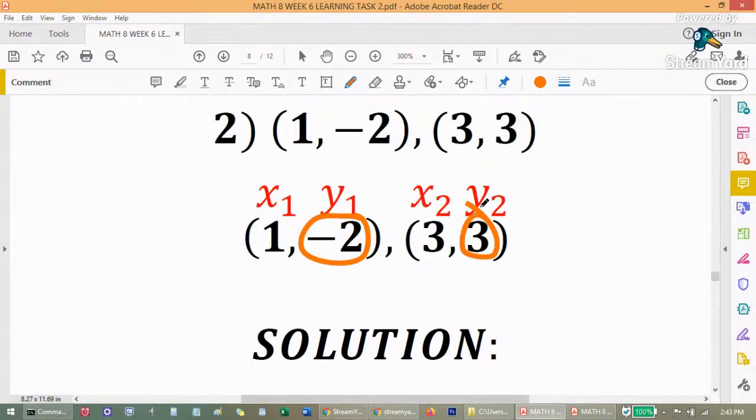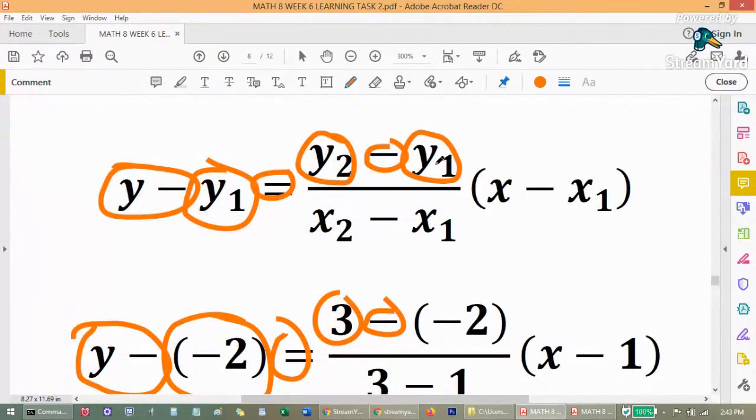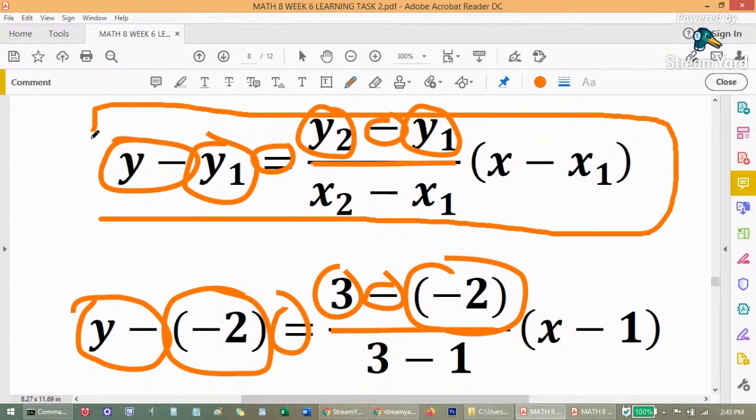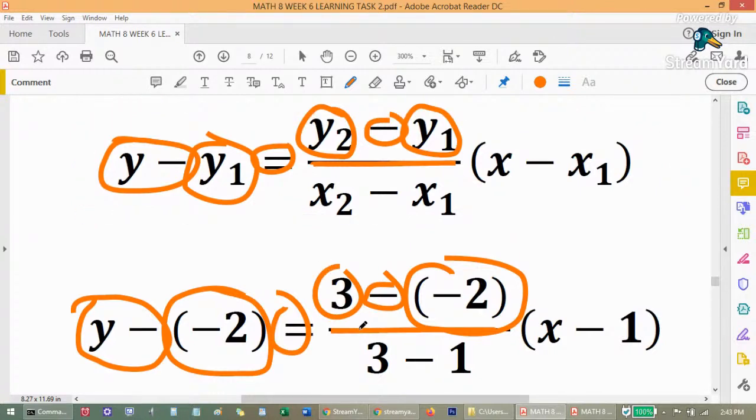Again, we have parentheses to make it clear. And the fraction line. We are just following this formula. Then next is x sub 2.